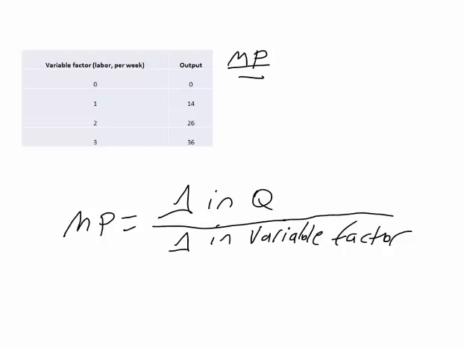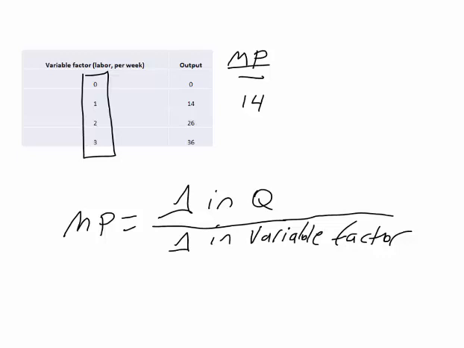For 1 unit of labor per week, to find marginal product, we would take 14 minus 0 divided by 1 minus 0, which is just 14. Of course, with marginal product, anytime the units increase by increments of 1, the marginal product is simply the change in output.